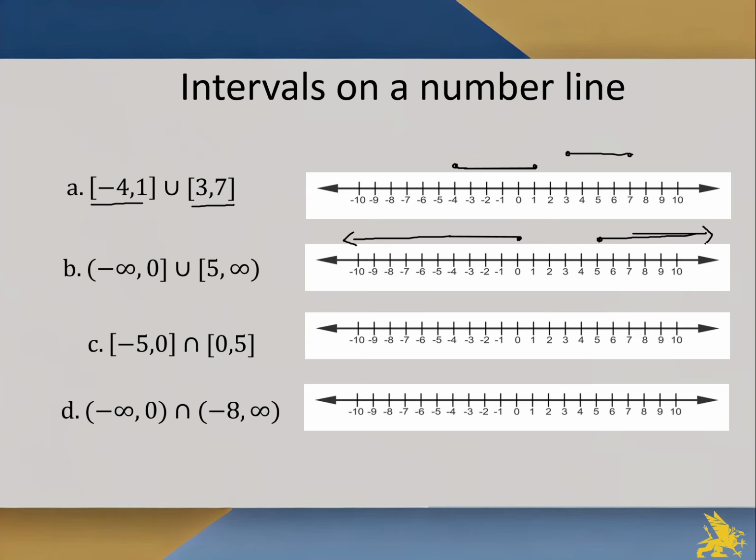Now this is the part that can get confusing, which is C. It must meet both of them. So what I'm going to do, I'm just going to map out each of those on my number line, and then I'm going to look at what is intersecting. So if I start out, I've got equal to -5 all the way through to 0.